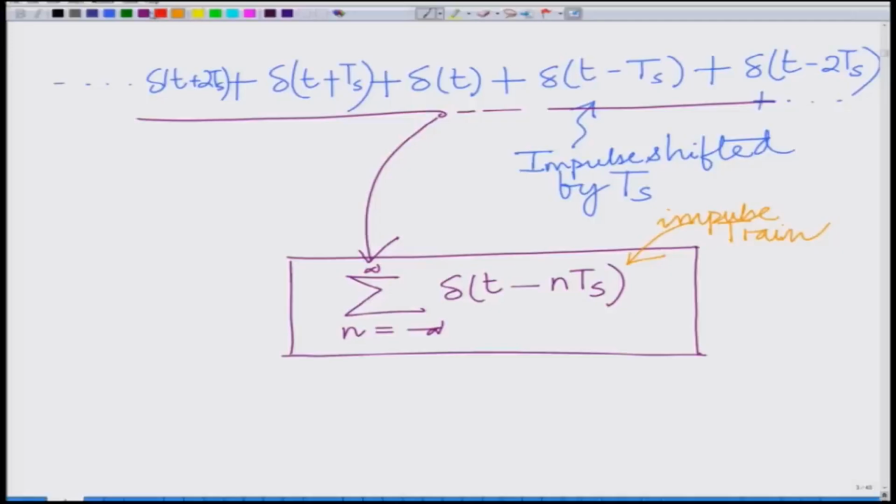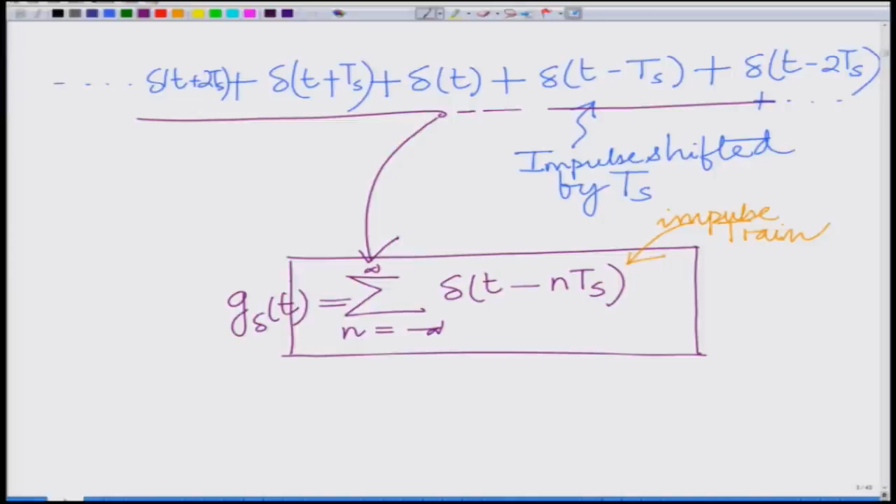So, each impulse is shifted to n Ts, where n can be any integer, 0, positive, negative. Each impulse shifted to n Ts is delta t minus n Ts. You are considering the summation of all these impulses from n equal to minus infinity to plus infinity. This is your impulse train. Let us denote this by g delta of t.